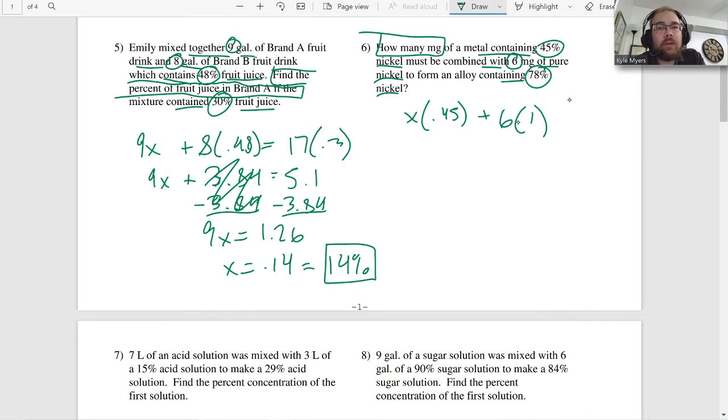To form an alloy containing 78% nickel, 0.78. That was supposed to be an 8. There we go. And okay, so this is actually really tricky because how much alloy do we have, right? Well, we have X milligrams and 6. You can't add those and get a number because we don't know what X is.